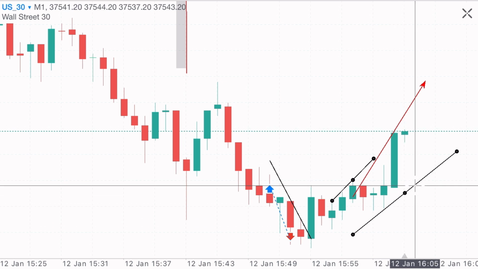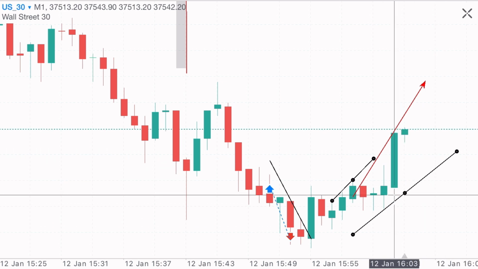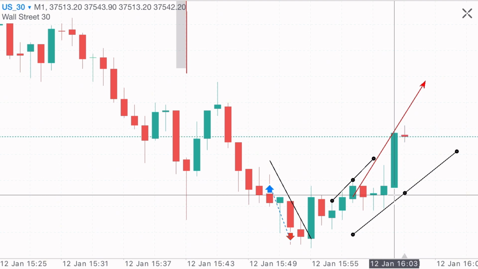If it sells below this trend line that I've just drawn right here, the market is going to sell, although it's not going to be a very long sell. It might be a short sell, but that will give you a very good advantage to scalp the market and take that small profit using this trend line strategy.